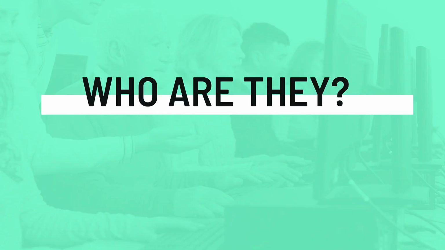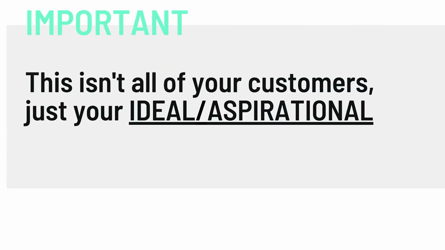So the first fundamental question, who are they? Who is your customer? And it's important to realize with the who is your customer to understand that this isn't all of your customers. This is just your ideal or aspirational customer that you want to target. There's going to be lots of people that buy your product.